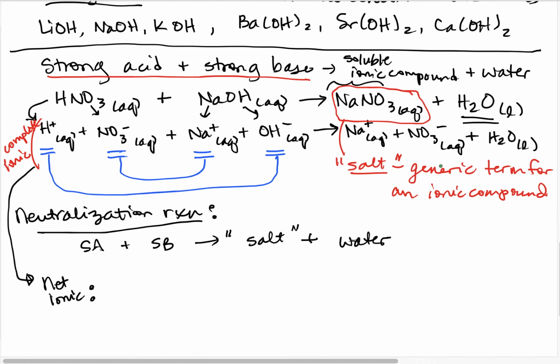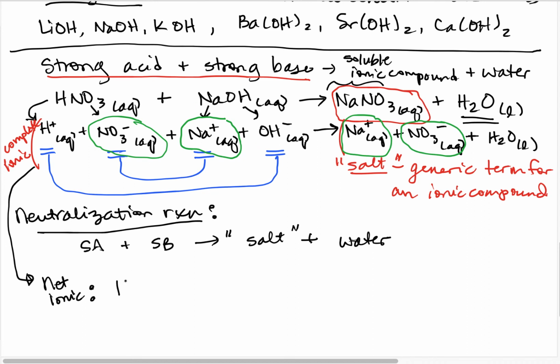What are our spectator ions? Let's see, it's getting a little crowded here, but I think we can do it. So here's sodium, and here's sodium. That's just hanging out on both sides. And I see nitrate here and nitrate. So these are our spectator ions. Now what's left over?